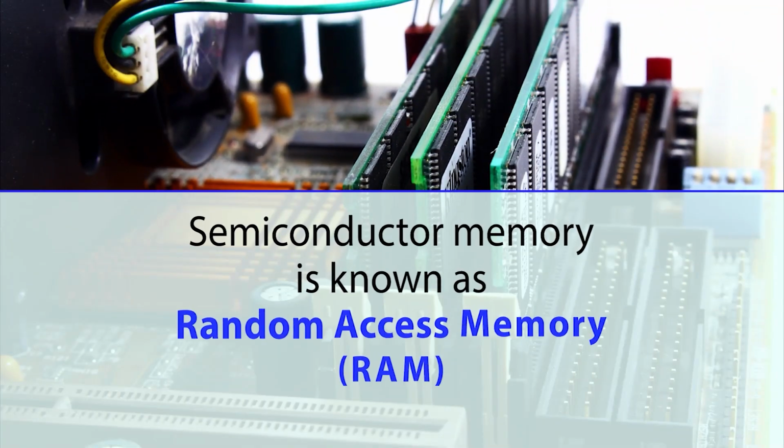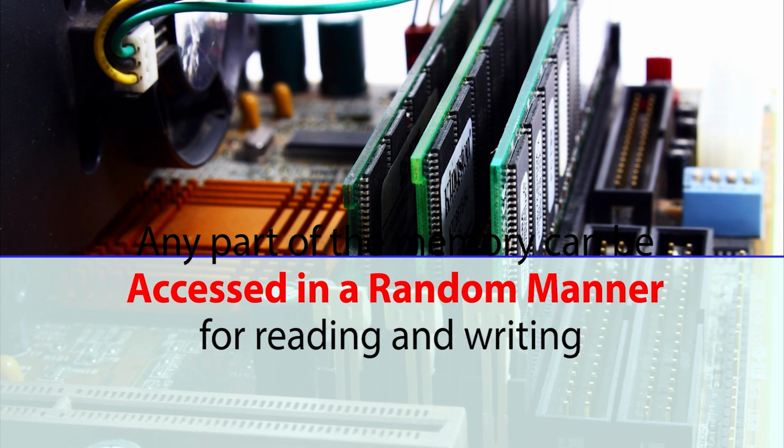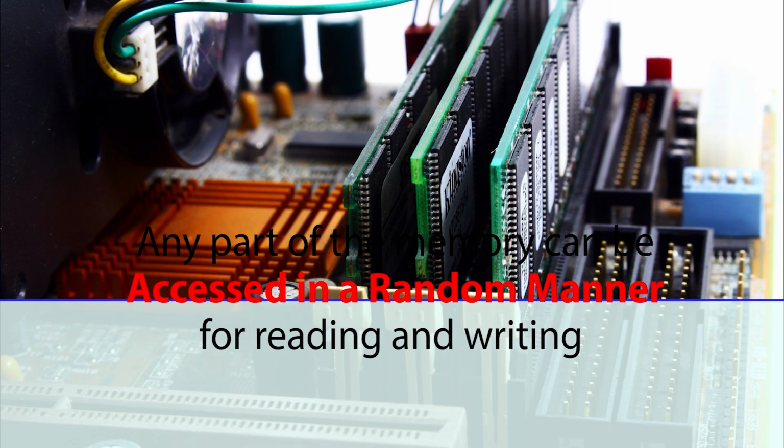Now, about the main memory: each location has an address which is directly accessible by the CPU, and because of that we call these semiconductor memories random access memory. The idea is that any part of the memory can be accessed randomly for reading and writing.